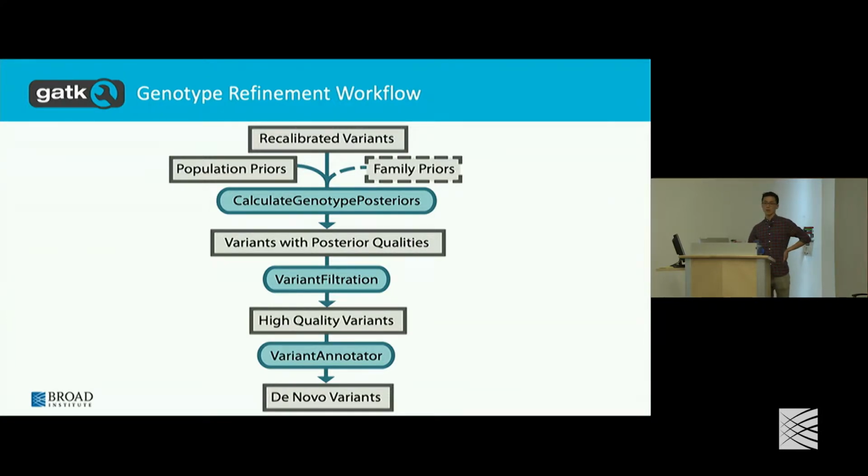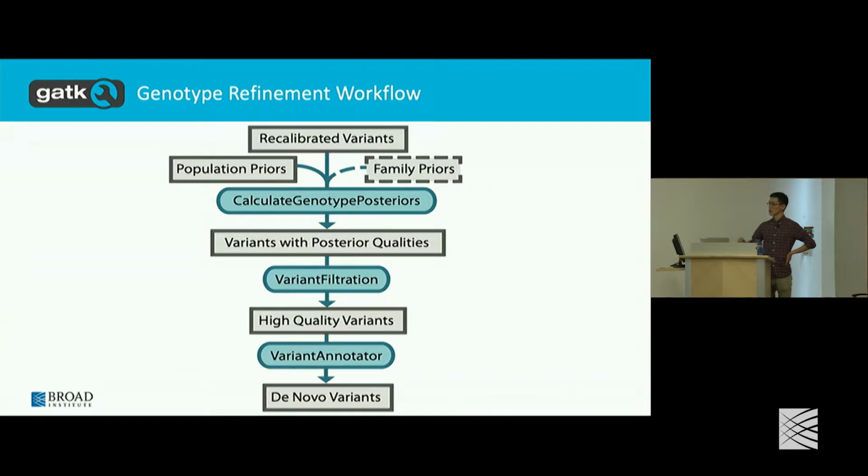Now that the genotype probabilities are updated, we could get rid of the genotypes whose probabilities are low. And now you're left with the high quality variants.